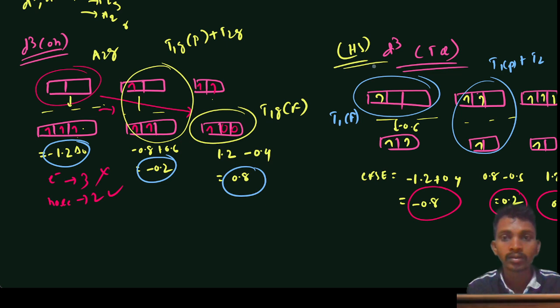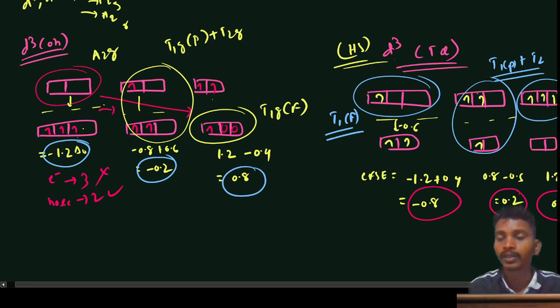Anything wrong? So D3, so 1 2 3 1 2 3, here the electron is gone, so here no degenerate state is there, so this is A2. This is T1 F, this is T1g plus T2, T1 plus T2, this is A2.